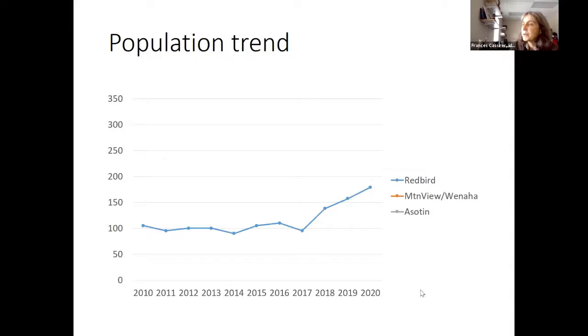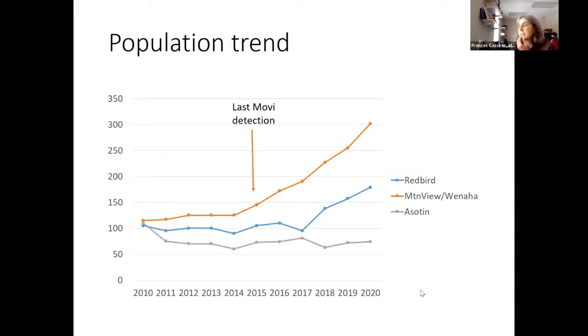This is the Redbird herd in Idaho, the Mountain View and Wenaha herd in Washington and Oregon. And then of course, this was the Soton herd. It's very coincidental that right when we detected the last MOV detection, following that was a significant inflection point in the population, except for poor Soton.